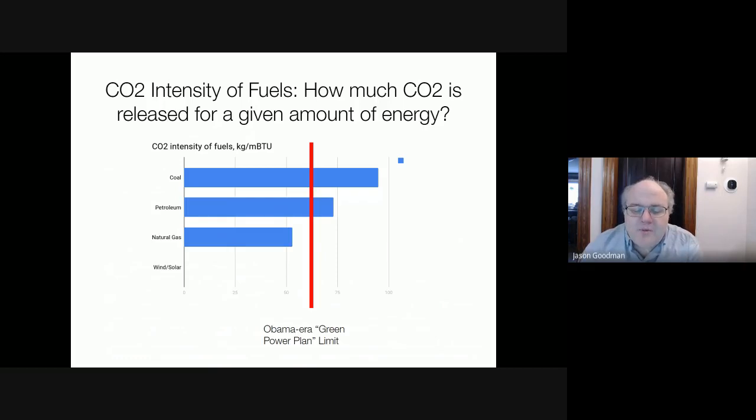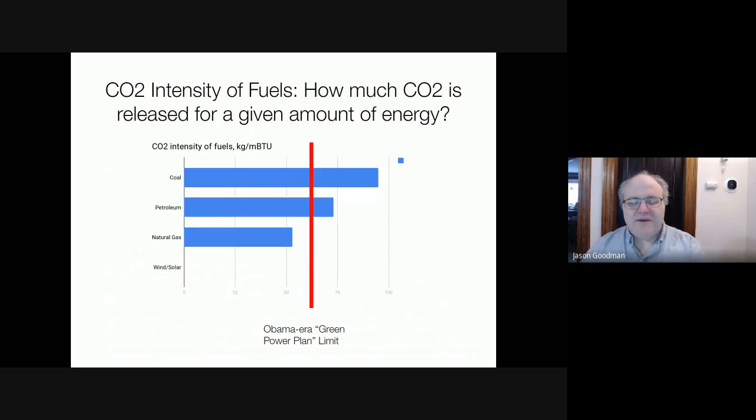The Obama plan is often talked about as promoting renewable energy, wind and solar, and it does a little bit, but the centerpiece of the plan is to restrict the CO2 intensity of fossil fuel power plants so that they must produce less CO2 per kilowatt than a given amount.